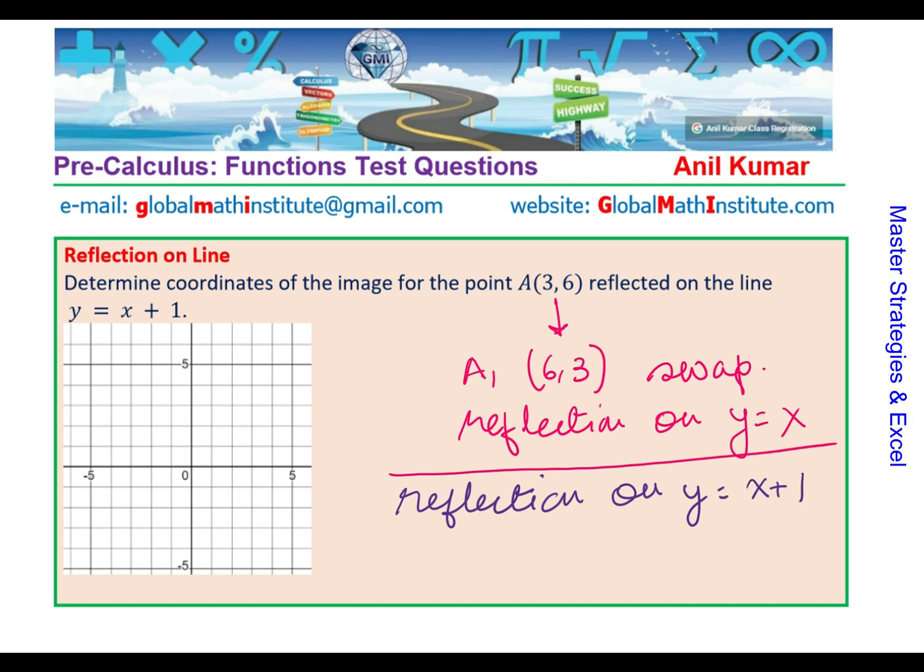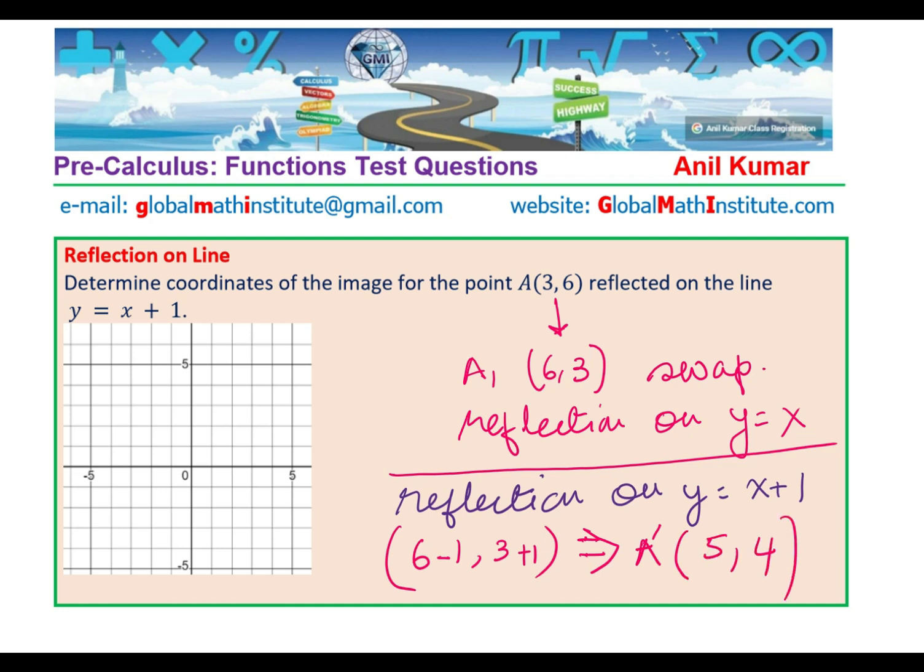So after swapping, we got the reflection as (6, 3). But since it was x plus 1, we will do 6 minus 1 and 3 plus 1, and we get our answer, which is the real image point, (5, 4). Makes sense. So you see, we have got a formula now to work with. That makes it very clear, and we can see this is the right thing to do.